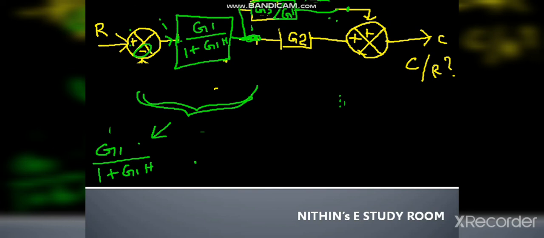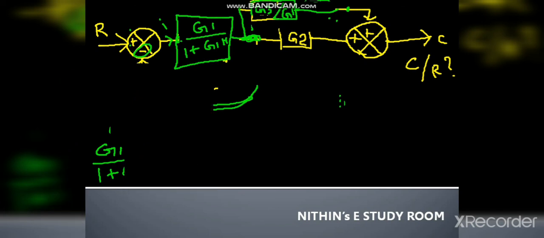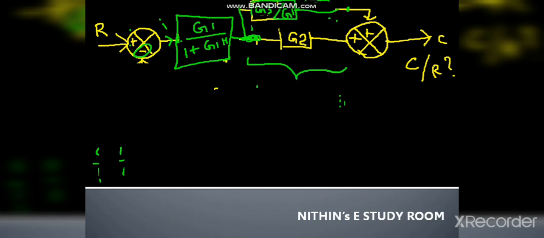Now, what is the next step? The next step is that you can do some reduction in the right area. Here you can see two paths are there, and these two paths are getting summed. This path is getting summed here to this input.